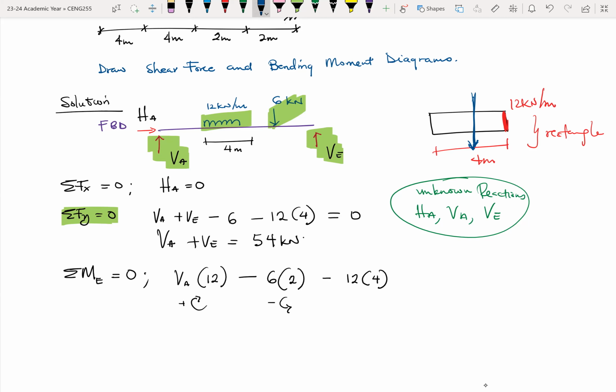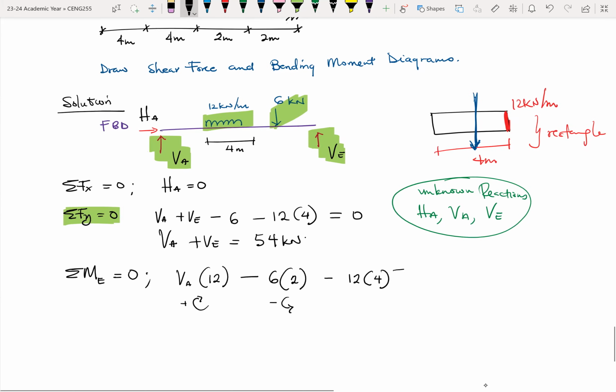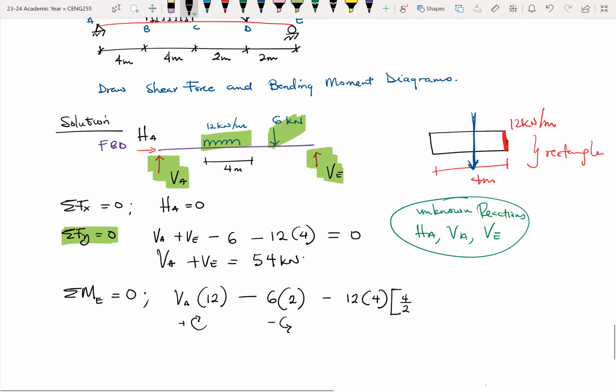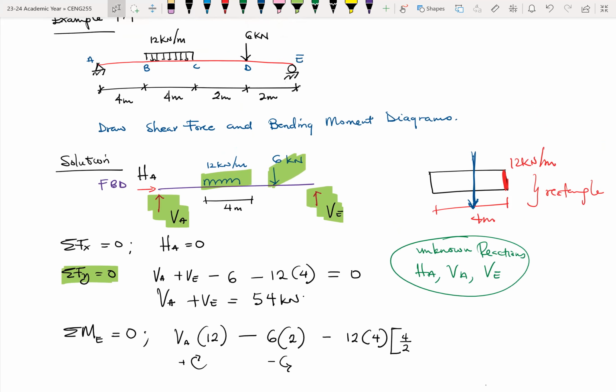Okay, which means that if I want to know the perpendicular distance, it's simply half of this 4, plus, so it's acting somewhere. Let me just draw it.